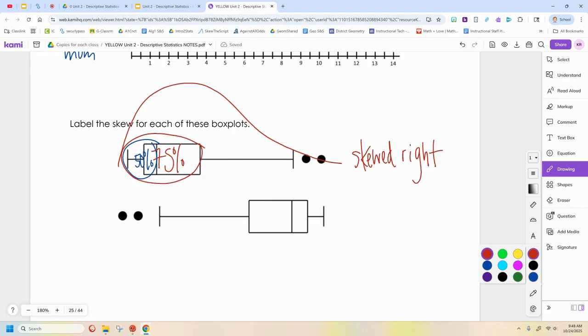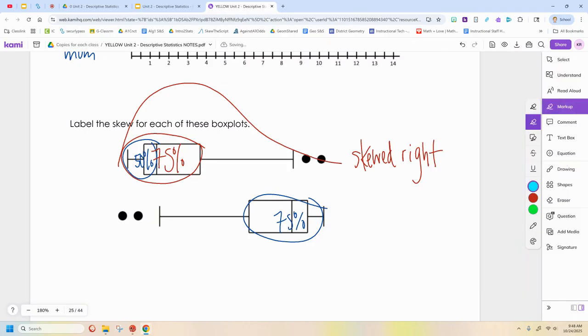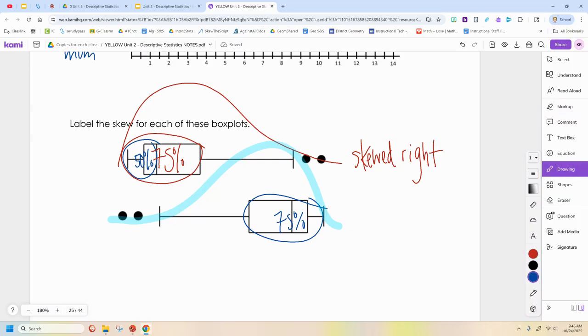So when we look at this one, we can see, hey, up here is 75% of my data. You know, I'm going to have this thing that has a hump up here, and it's going to be skewed down here. And it's kind of hard to put all these pictures on top of each other, but this one is definitely going to be skewed left.